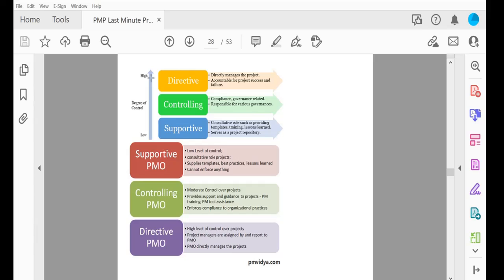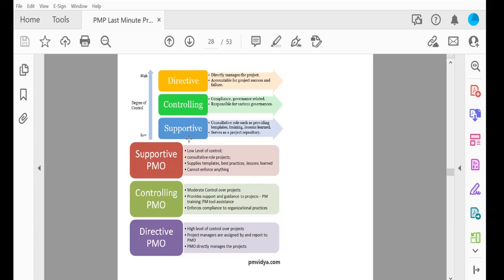Directive means, for example, the project management office: they recruit the project manager and decide critical decisions for the project being successful or not. They are also accountable for the project success or failure, and they directly manage the project. So they are more powerful than this one.